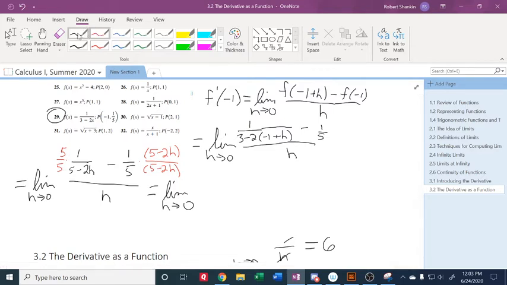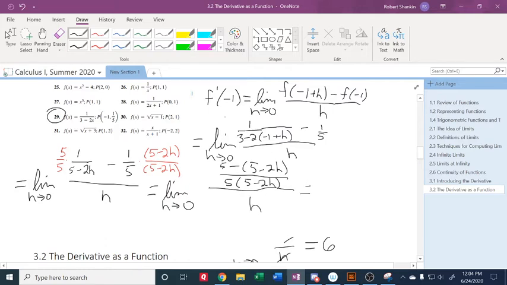Okay. And then we come over here. This is equal to the limit as h approaches 0. Now the denominators will be the same, so I can just push all the numerators together. 5 minus 2h, all over 5 times 5 minus 2h, all over h. Now, in the numerator, this 5 and this 5 will cancel each other out.